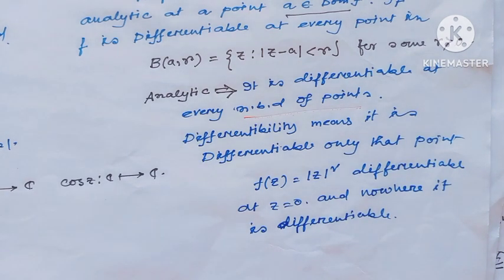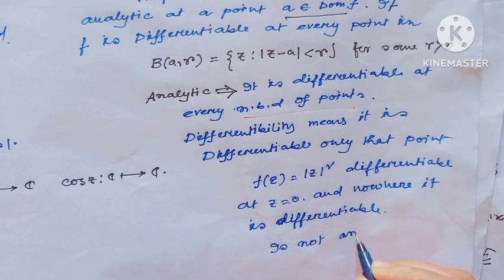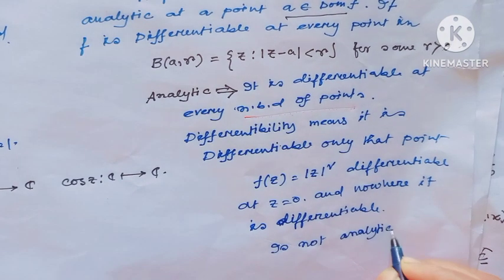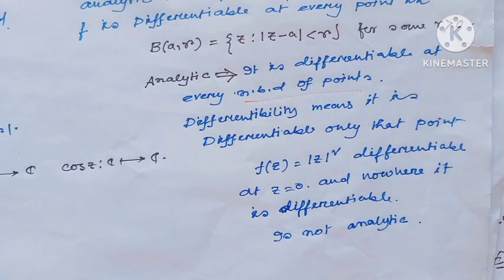That means f(z) = |z|^2 is not analytic, because if f(z) = |z|^2 were analytic, then it would be differentiable at all the points around z = 0, in the whole neighborhood of this point.